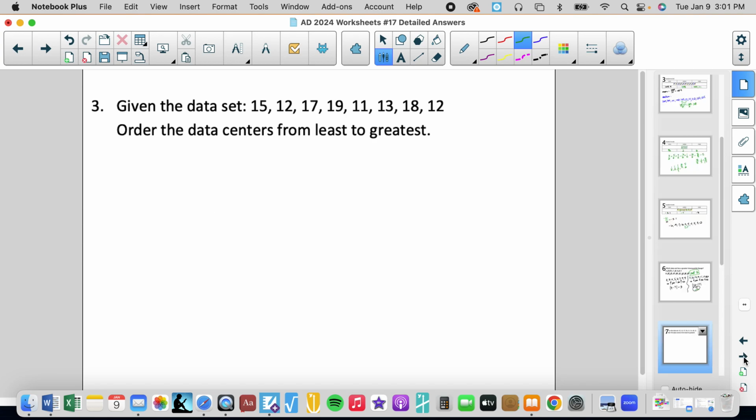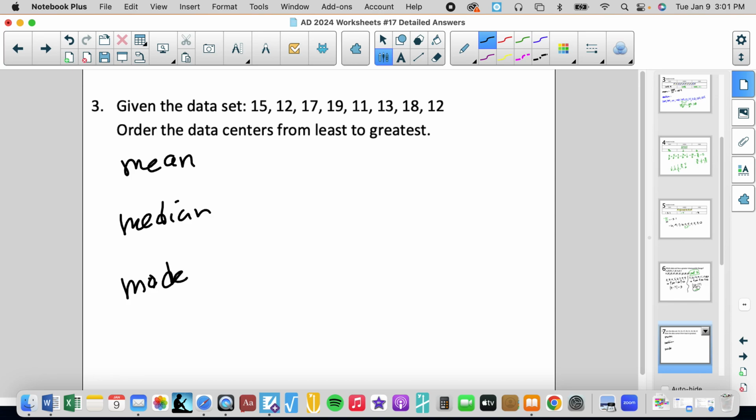Hey, nice. Order the data centers from least to greatest. Data centers. Given the data set, I don't know what I would order from least to greatest. Oh, data centers, meaning mean, median, and mode. That's what they mean. Find the mean, find the median, and find the mode, and then put those in order.